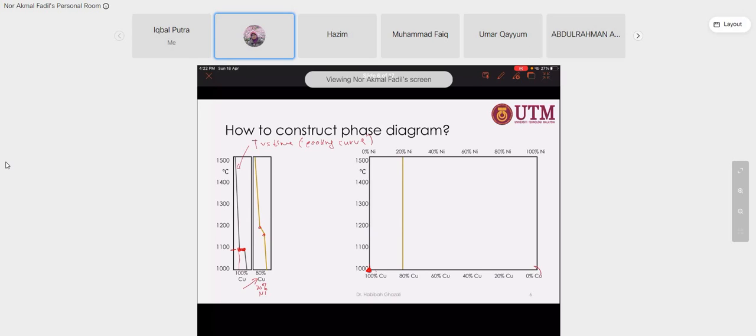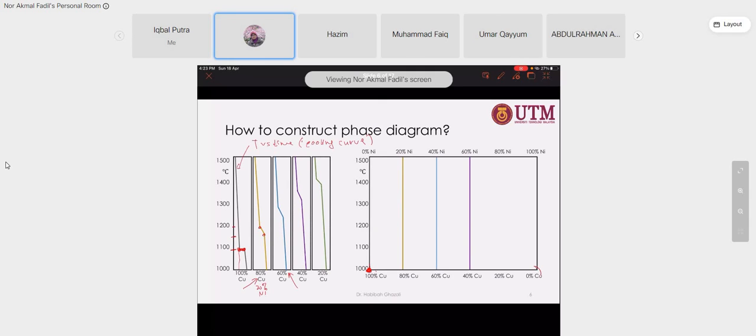So when you construct the phase diagram for this isomorphous system, there are two temperatures. You just record the two temperatures, one at 1200, one at 1150. The blue cooling curve belongs to 60% copper and 40% nickel, and the purple is here, the green one is here, and the 100% is here, which is about 1450.